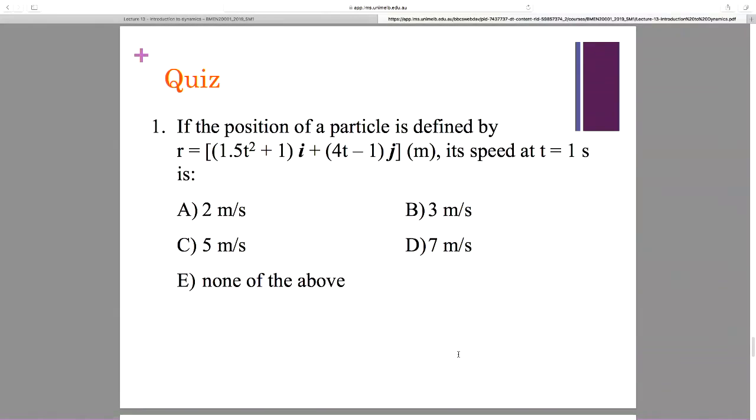So here's a quiz. If the position of a particle is defined by that equation there, what will its velocity be at t equals 1 second?